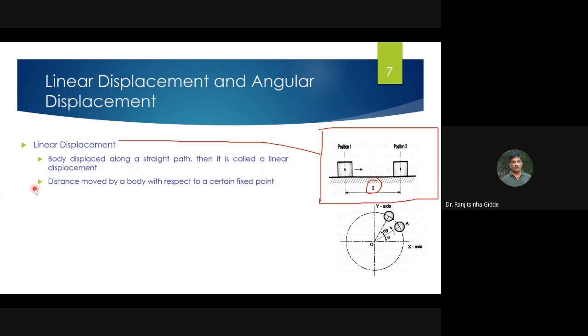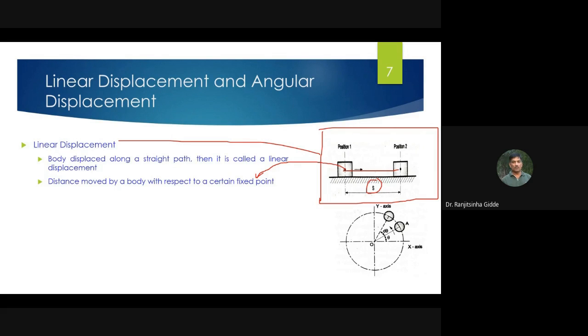What is displacement? A distance moved by a body with respect to a certain fixed point. This is the certain fixed point, and from this point to this point is the distance moved by the body with respect to the fixed point.